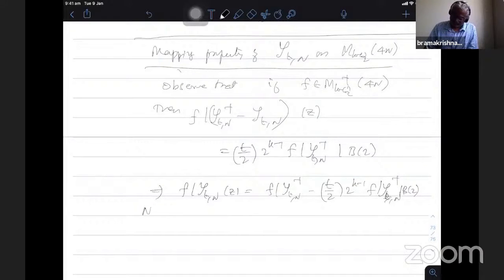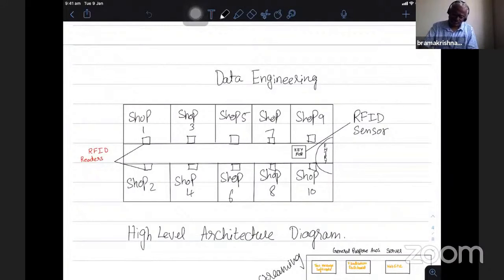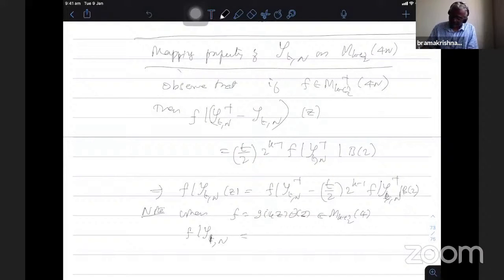So note that when f equals g(4z) theta(z), which is in M_{k+1/2}(4) or S_{k+1/2}^+(4), we have f bar S_{1,n}, and if I apply the Shimura-Kohnen map, this is g squared.